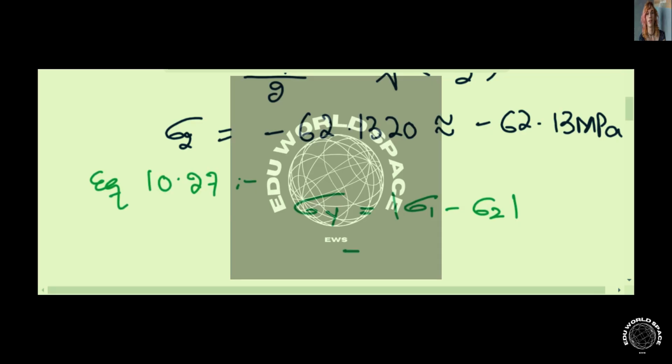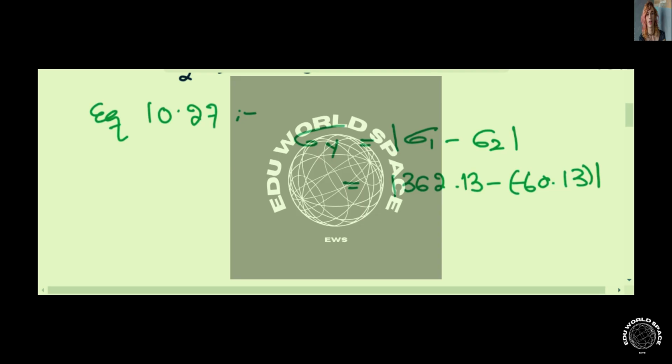So plugging in the values, we have 362.13 negative negative 62.13, right? So sigma sub y is equal to 424.2641 megapascals, and that is approximately equal to 424.26 megapascals, right?